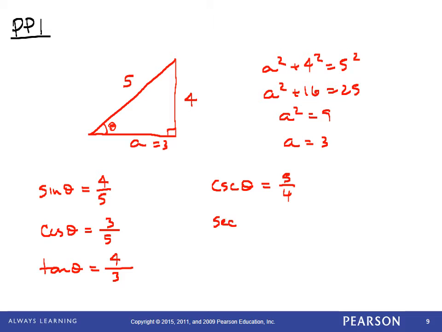Secant theta by definition is hypotenuse over adjacent. And cotangent by definition, even though it's really just the reciprocal of 4/3, is adjacent over opposite. And there are our 6 trigonometric functions.